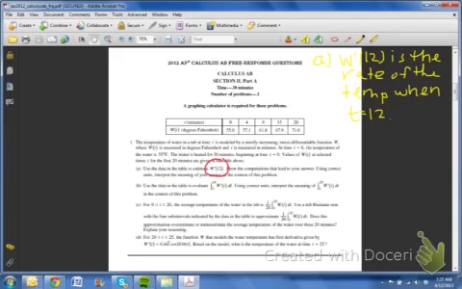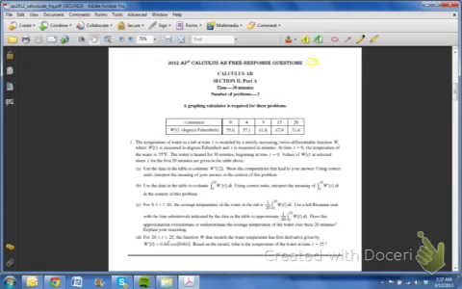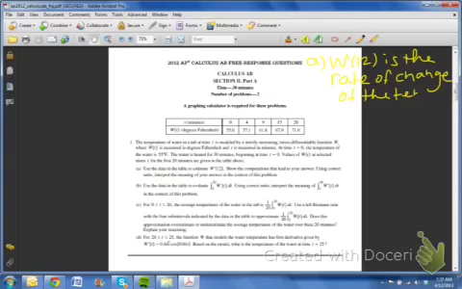And we'll talk about what the units will be in just a second. Let's try this again. W prime of 12 is the rate of change of the temperature when t is 12.